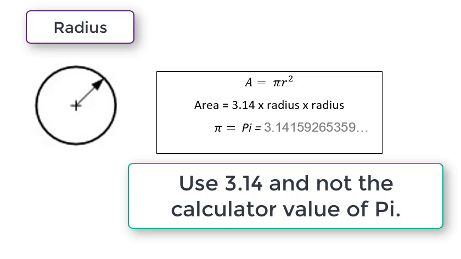pi. So we take the value of pi, 3.14, times the value of the radius, and a second time times the value of the radius. So for example, let's just say the radius was 98. We needed to multiply that times 98 and times again 3.14.